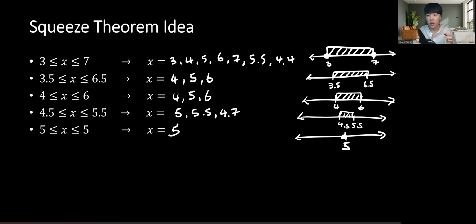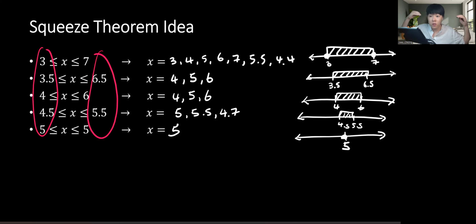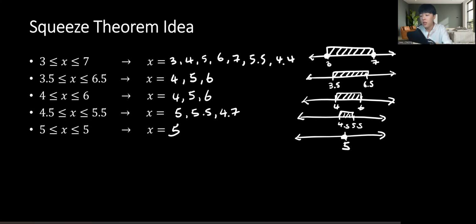As you see, as the numbers on the left and right are approaching the same value, right? Because number 3 was approaching 5, and the 7 was also approaching 5, right?